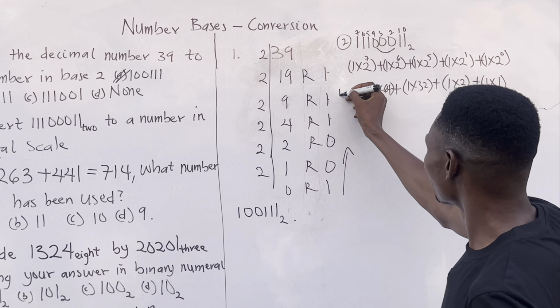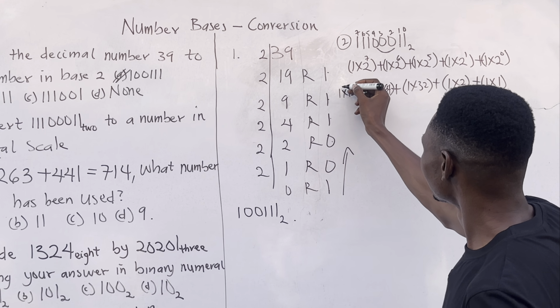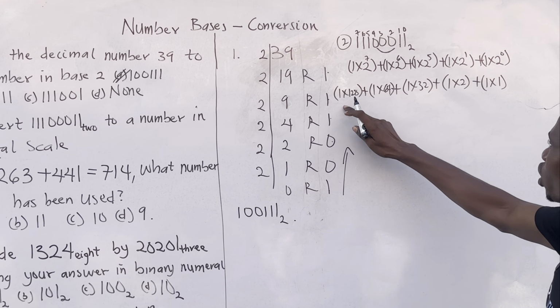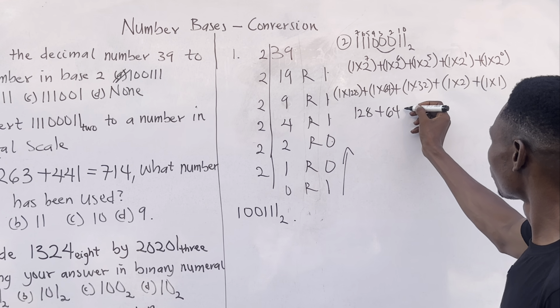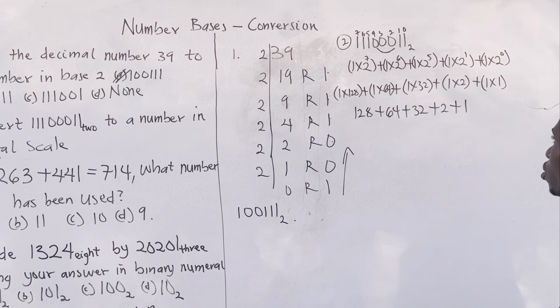Then the first one will be 1 multiplied by 2 raised to the power 7 is 128. Okay, so 128 multiplied by 1, so we have 128 plus 64 plus 32 plus 2 plus 1.